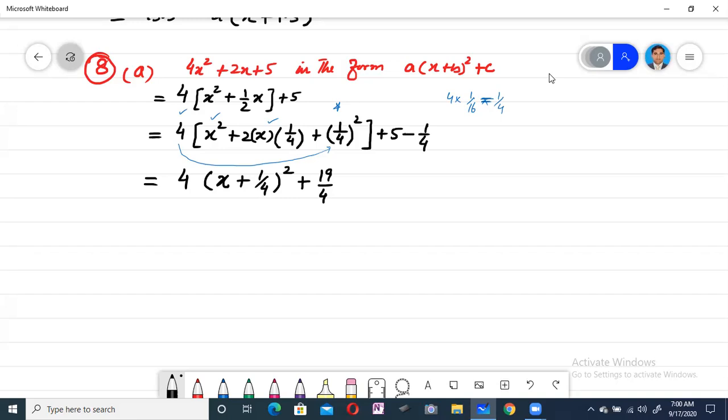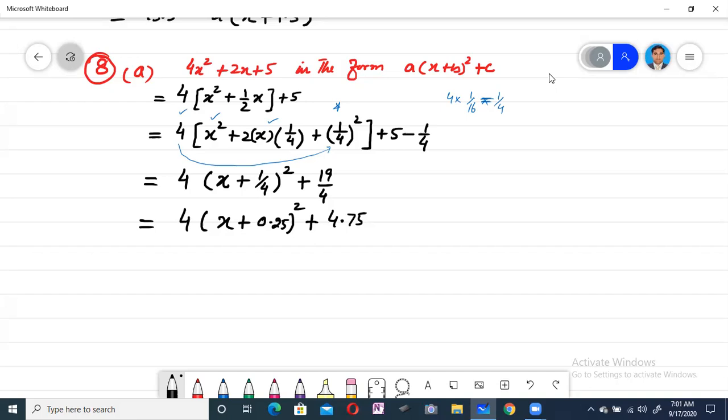Then we can write this one 4 into x plus 1 by 4 is 0.25 whole square, and 19 divided by 4 we can write 4.75.